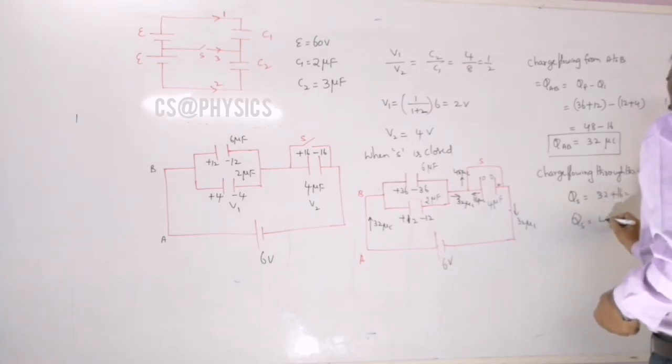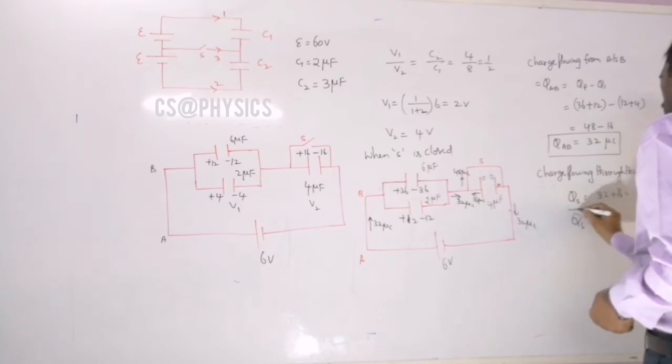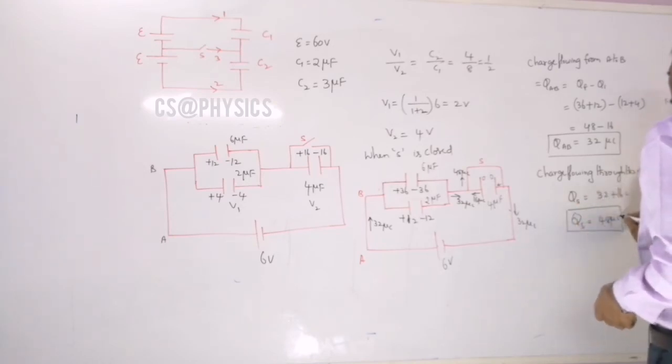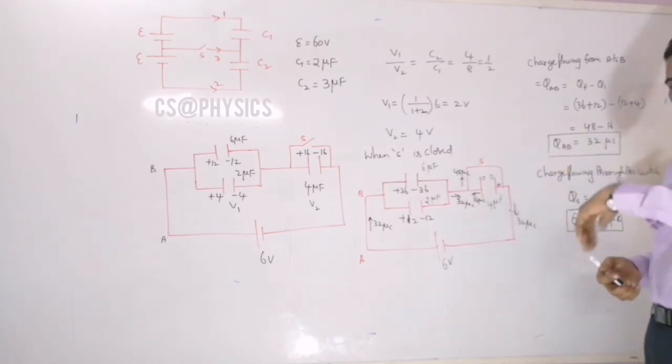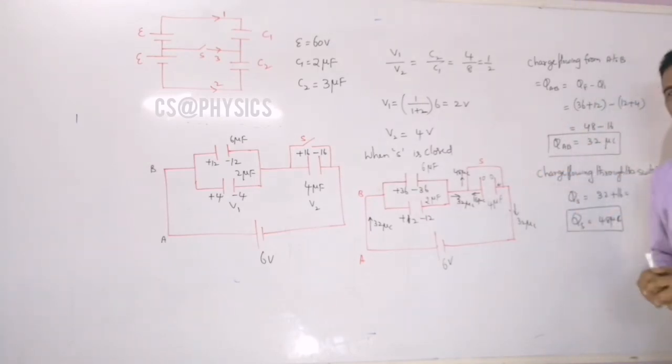So the charge flowing through the switch is 48 microcoulombs. So that means you can observe that in this problem the charge flowing through the cell is different and the charge flowing through the switch is different here.